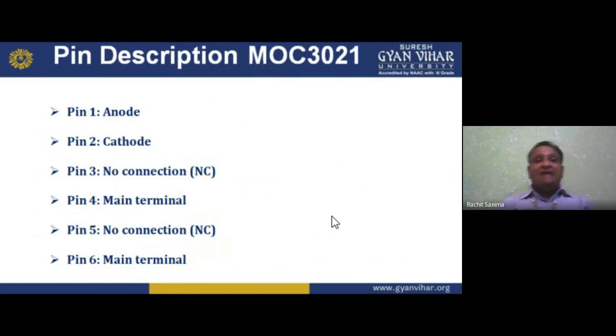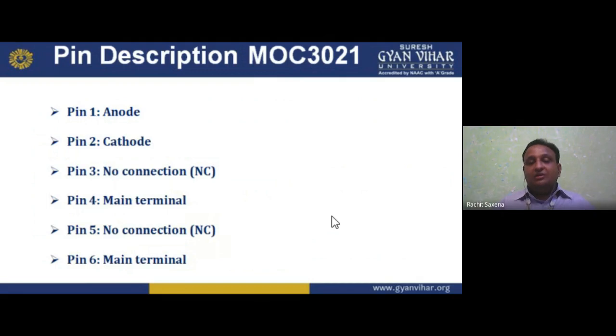In this 6-pin structure, if I'm talking about anode and cathode, for example DC, we have positive and negative. So we can directly connect anode and cathode at points 1 and 2 respectively. If I'm talking about no connection, it means no connection will take place, we can't connect anything.